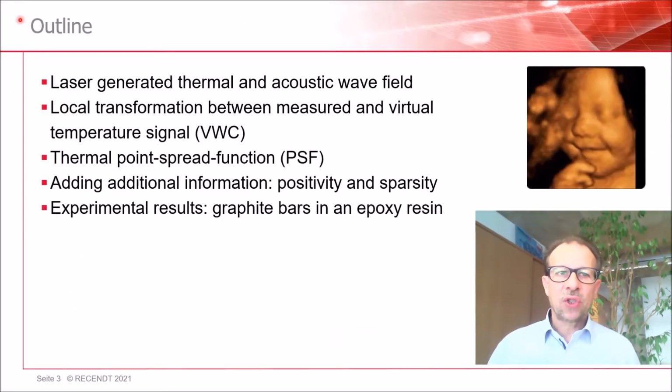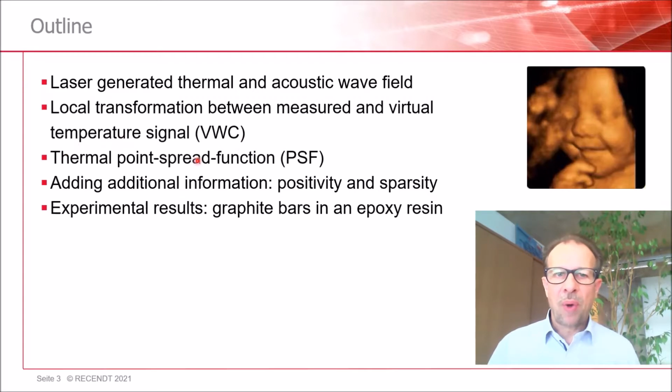Let me give a short outline of my talk. First, I will give an example of a laser-generated thermal and acoustic wave field in comparison. Then I will show that you have a local transformation between the measured and the virtual temperature signal. This is called the virtual wave concept.